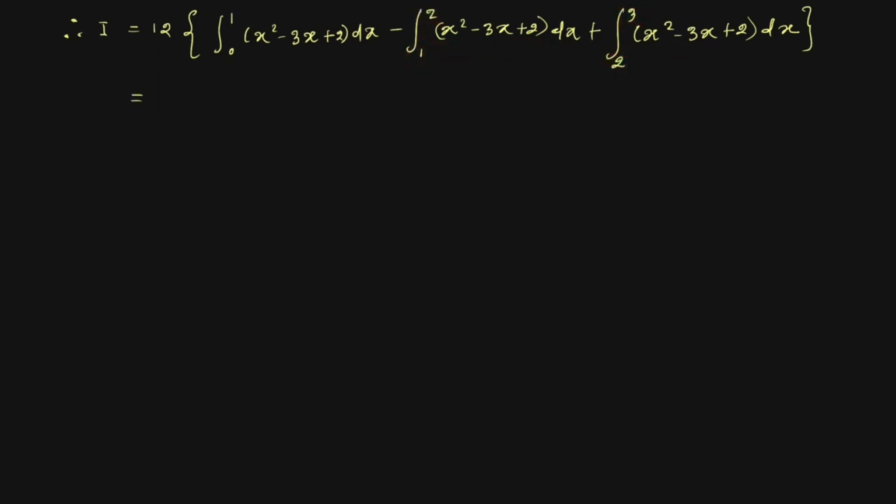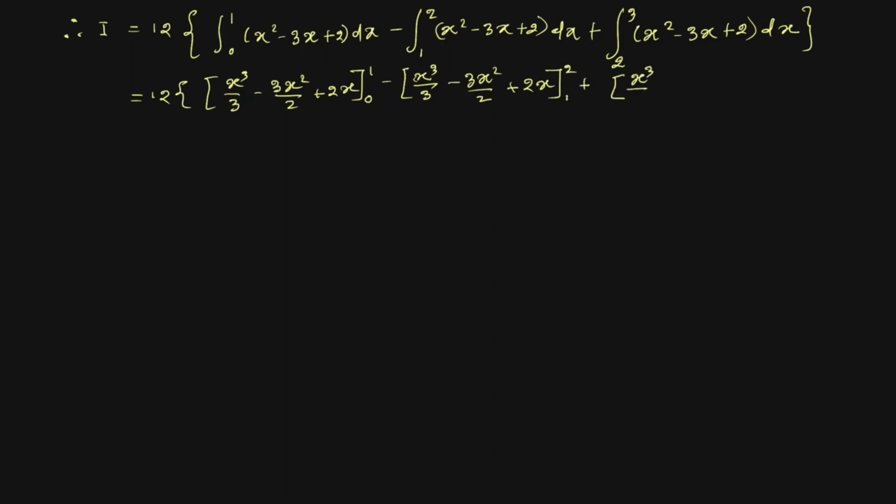Now, which is equal to 12 times x cubed by 3 minus 3x square by 2 plus 2x, limit is 0 to 1, minus x cubed by 3 minus 3x square by 2 plus 2x, limit is 1 to 2, plus x cubed by 3 minus 3x square by 2 plus 2x, now limit is 2 to 3.